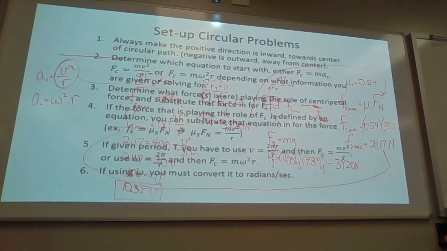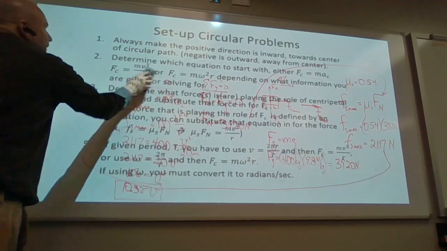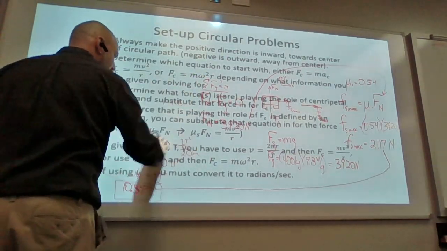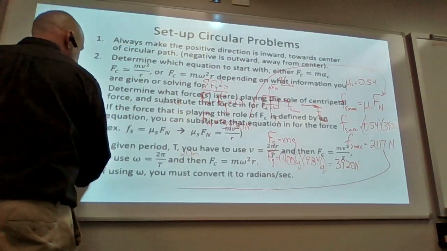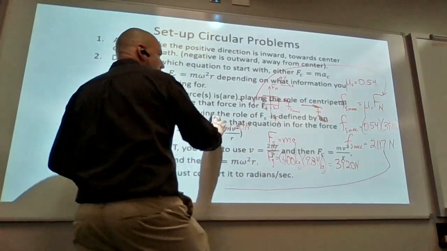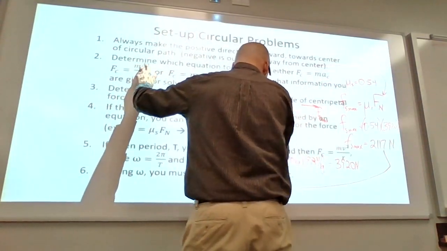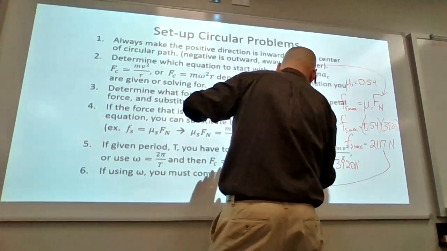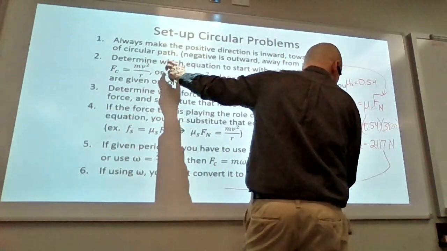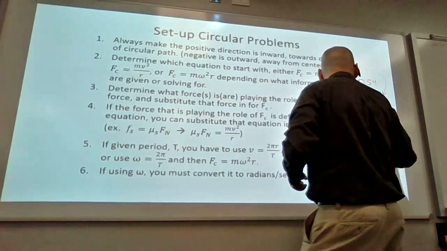So on the homework, if you're like, I don't know what to do, here are the steps I just took you through. Make towards the center of the circle positive. Towards the center of the circle, you're experiencing centripetal acceleration, so the sum of the forces is not equal to 0. Plug in mass times centripetal acceleration, and then substitute in for centripetal acceleration either speed squared over the radius, or rotational speed squared times the radius.